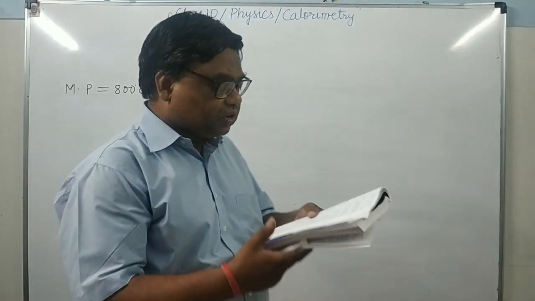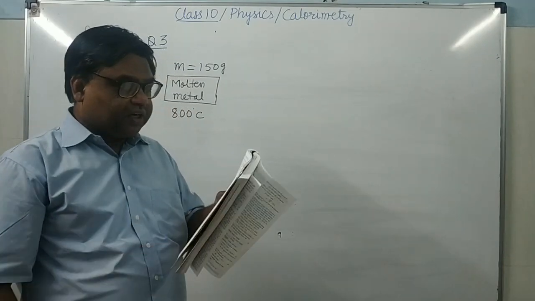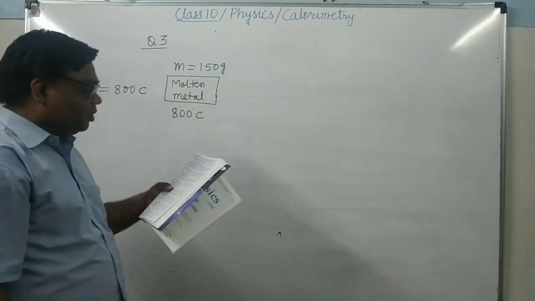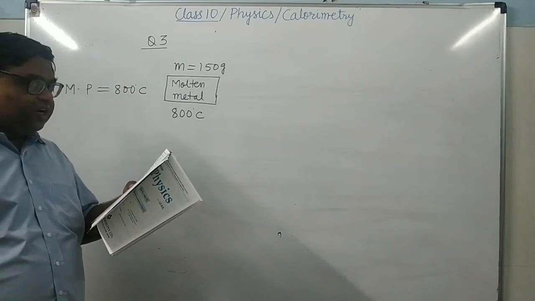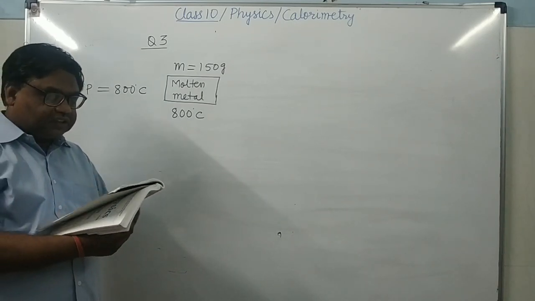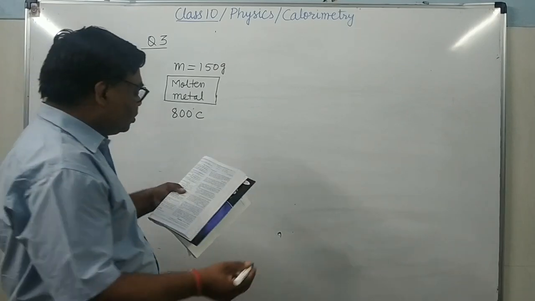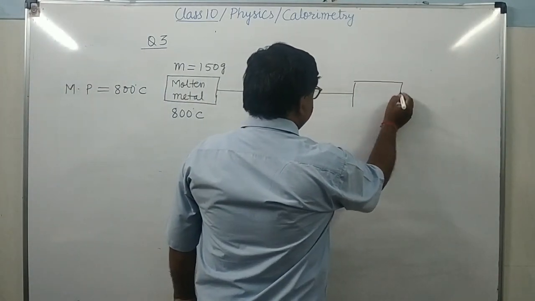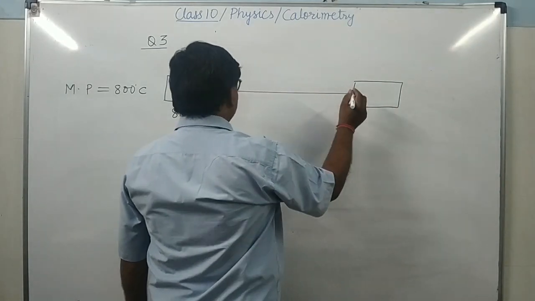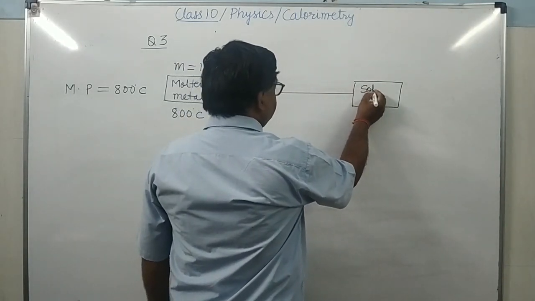Now what is the question saying? A molten metal of mass 150 gram is kept at its melting point at 800 degrees Celsius. When it is allowed to freeze at the same temperature, it gives out 75,000 joule heat energy. Means when it is allowed to freeze, so what will happen? It will become solid metal.